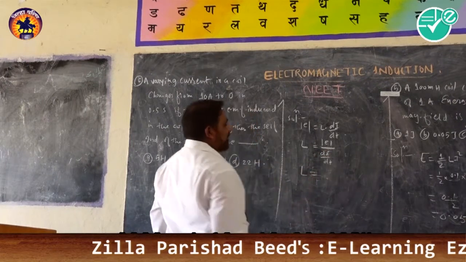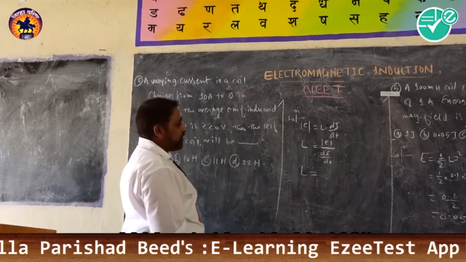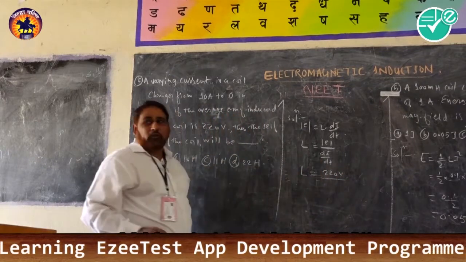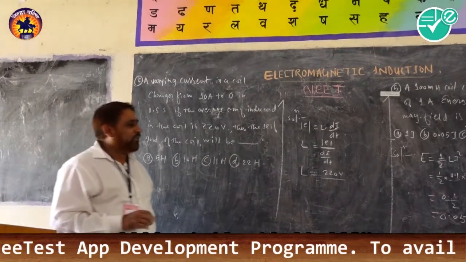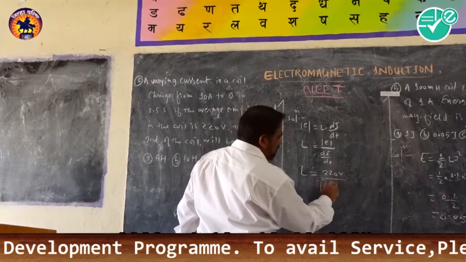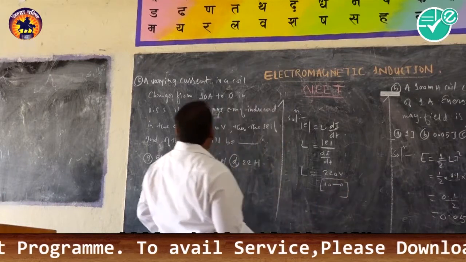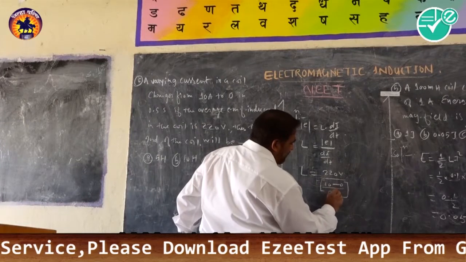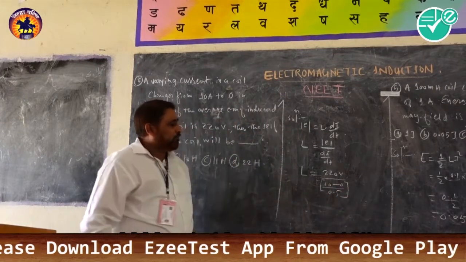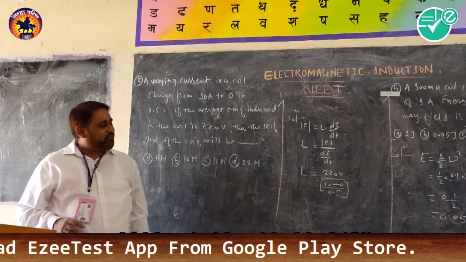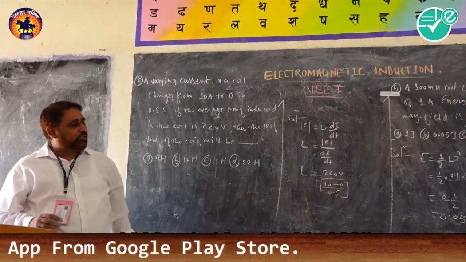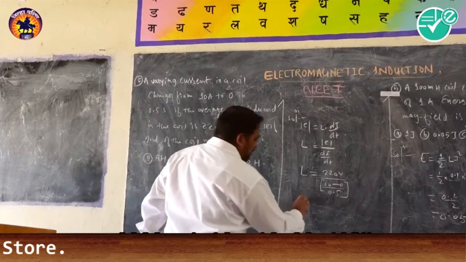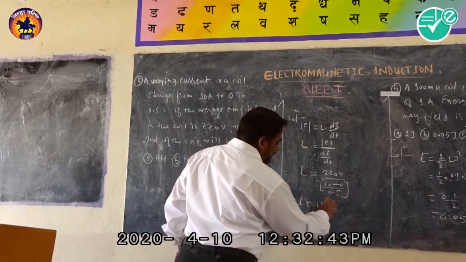So L can be calculated as E equal to 220 volt divided by the change in I, from 10 to 0, that is 10, in 0.5 seconds. 10 divided by 0.5 means 20. 220 divided by that, we get 11 Henry. L is equal to 11 Henry.